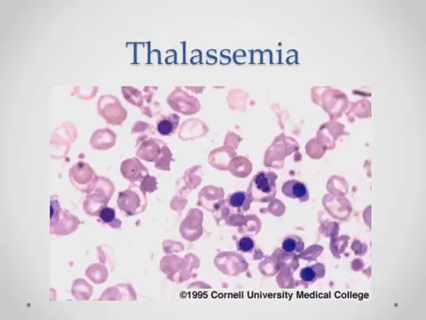This gives a falsely high total leukocytic count that we need to correct, because these red blood cells are nucleated, so they are counted by the counter like white blood cells.